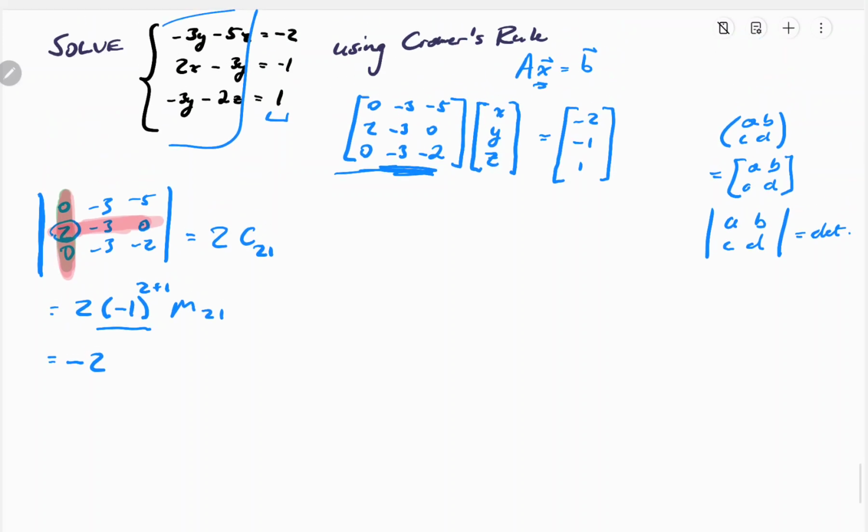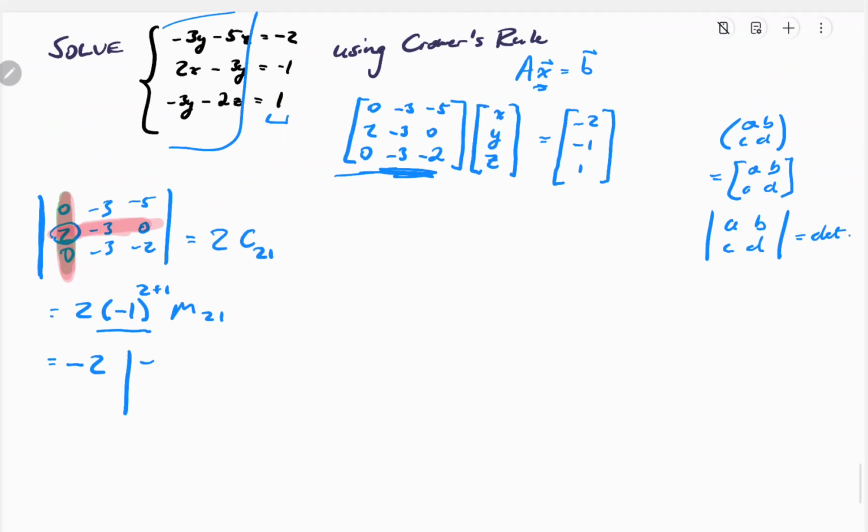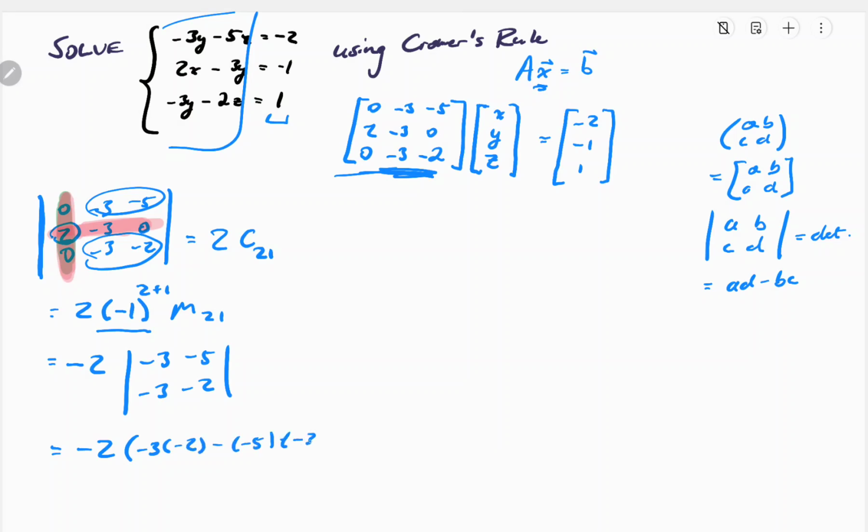So the minor of 2, 1 is -3, -5, because that's what's here, and what's left, we have -3 and -2. So now we have a nice 2x2 matrix we can work with, and as covered before, the determinant is equal to AD minus BC. The top left times the bottom right minus the top right times the bottom left. So this gives us -2 times, we have -3 times -2 minus -5 times -3.